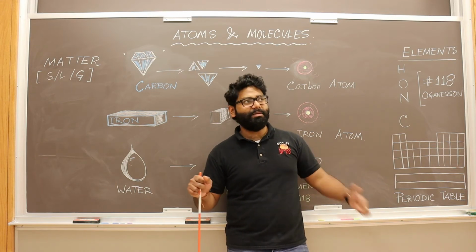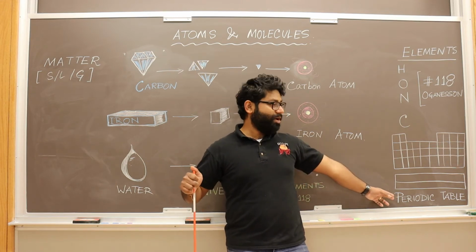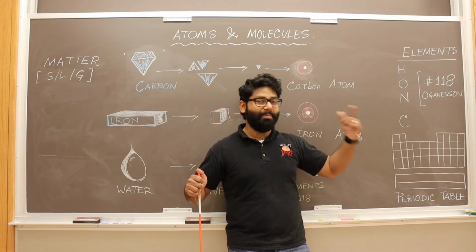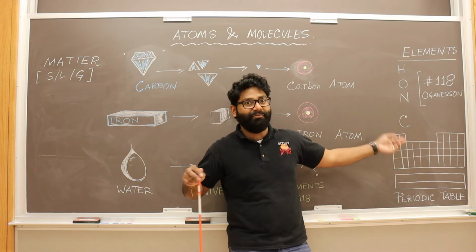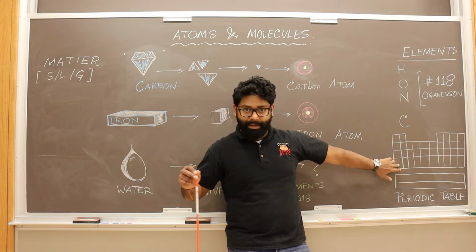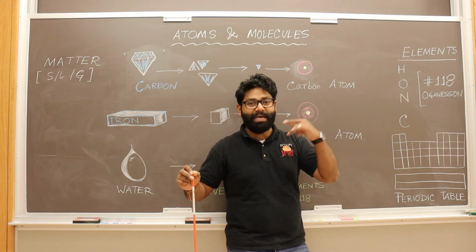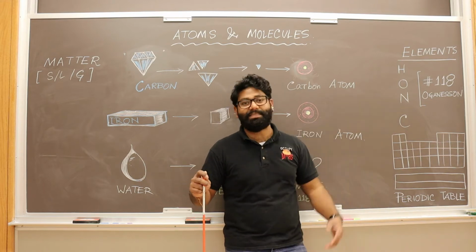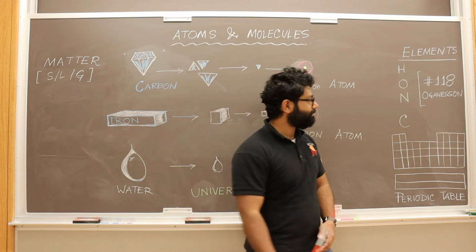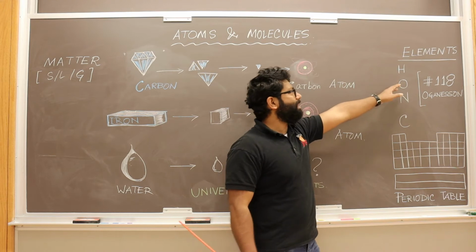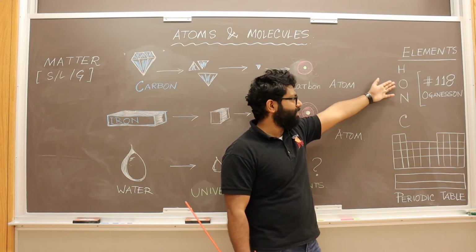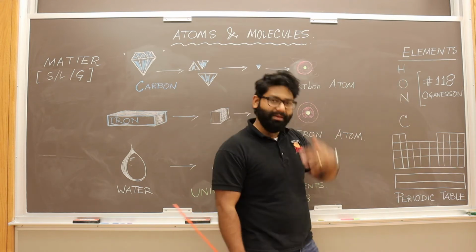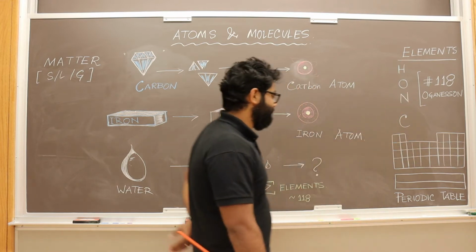The word periodic is used because the properties of these elements, when arranged in an intelligent way, are periodic. That's why we have a table and not a list. So we have the hydrogen element, the oxygen, the nitrogen, carbon, and so on and so forth. We have 118 of them.